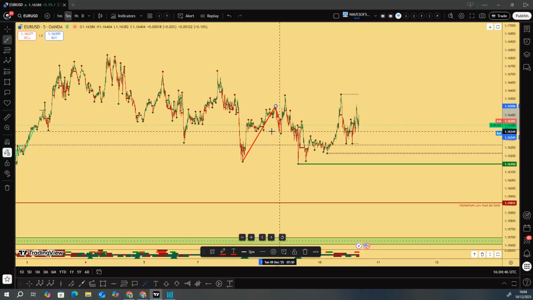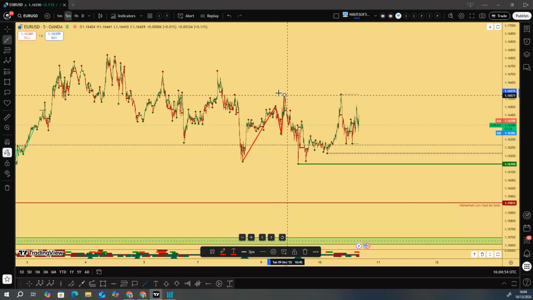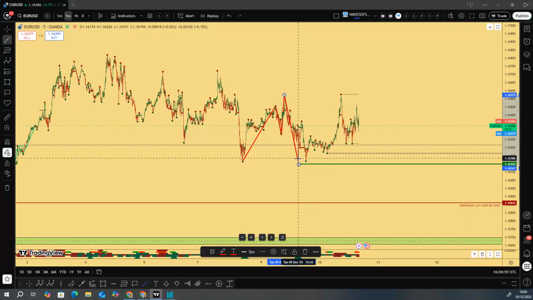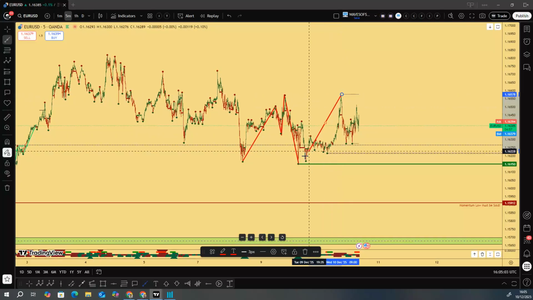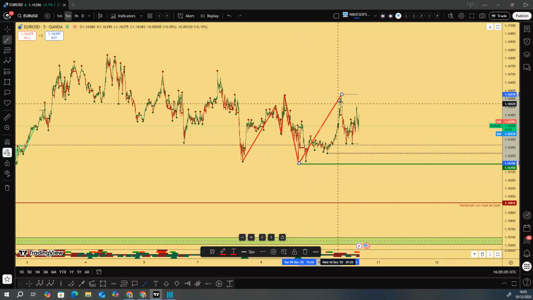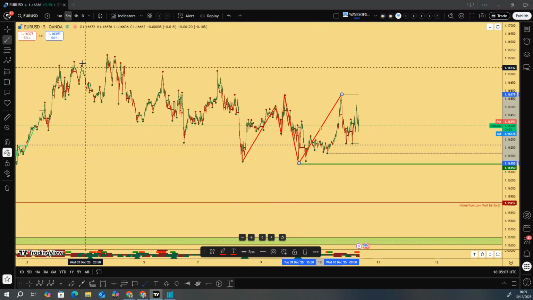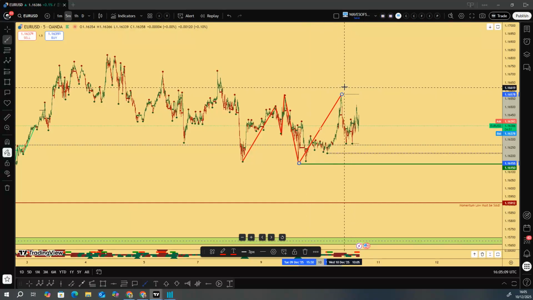So this here is a higher low. We made a higher high followed by a higher low, and we made a high. So we have a higher high here already. Price pinned down yesterday. Then this morning we have another higher high. This high satisfied the wave structure that is qualified to be a momentum high.